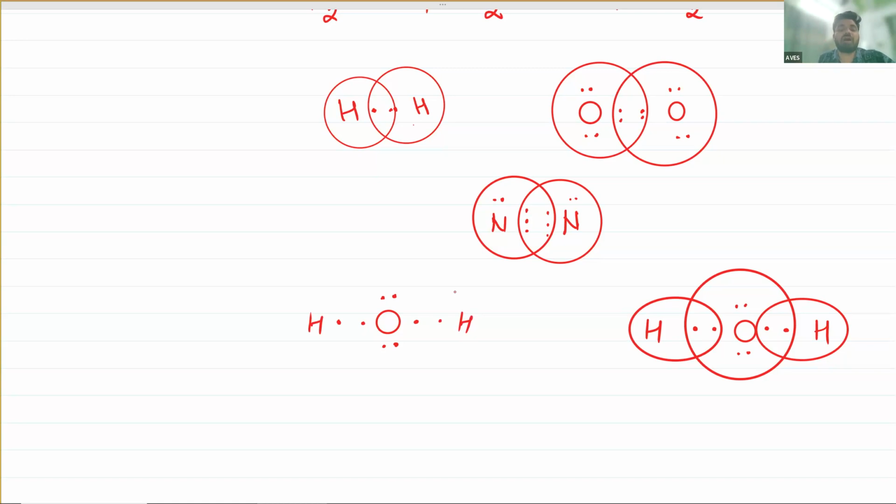If there is 1 extra, then it will not have 8. The limit will be crossed. Now it has 8, completely filled. Very good. So that's why the formula of water will be H2O only.